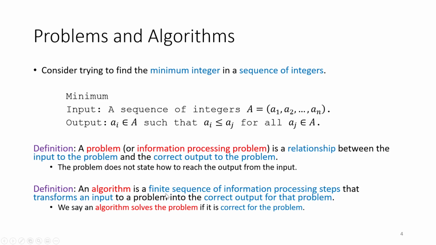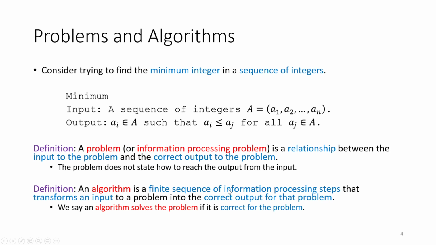It's a finite sequence of information processing steps. Let's piece that together. So first of all, an algorithm is a sequence. We've been talking about sequences already. Okay, information processing steps. This is something that I'm leaving vague. What does that mean?